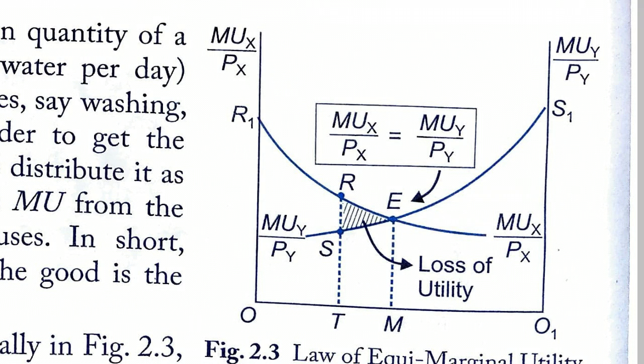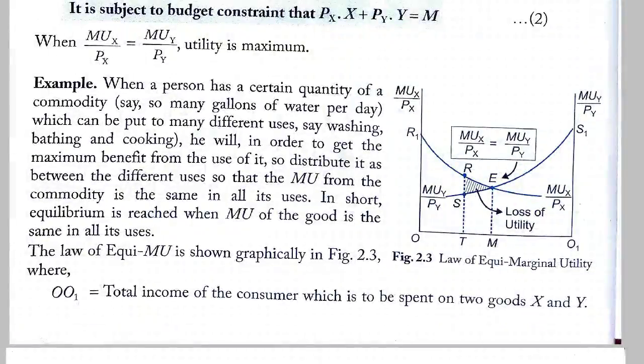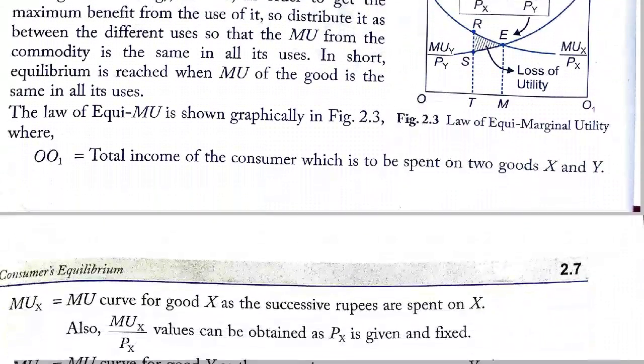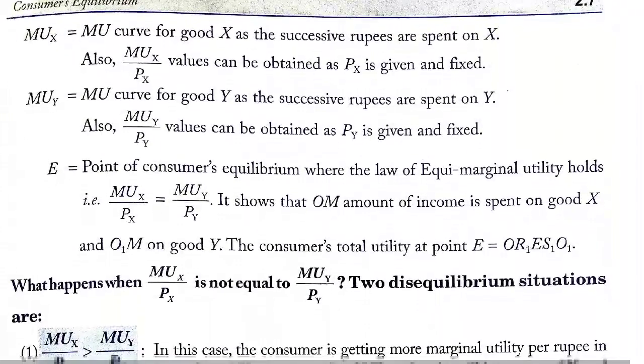So this will be the point of equilibrium in case of two commodities. So this is the concept of consumer equilibrium in two commodities. It can happen in case of multiple commodities also.